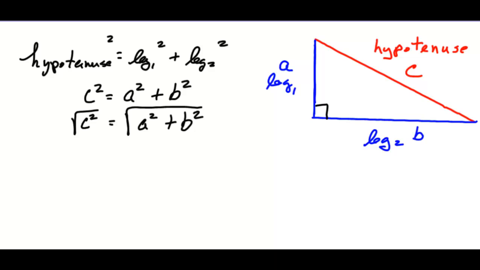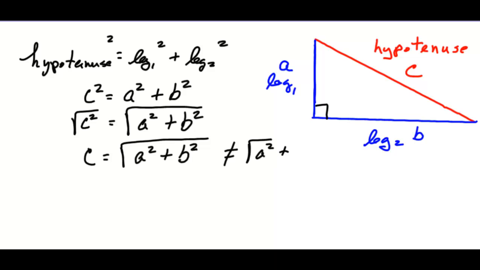Now, the square root of a perfect square happens to be the letter itself. So that's C equals the square root of that whole quantity, A squared plus B squared. It is not the square root of A squared plus the square root of B squared. You would get something completely different if you tried that. So that's not what you're supposed to do.